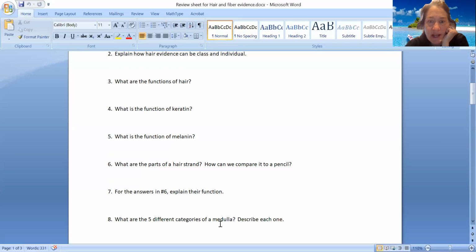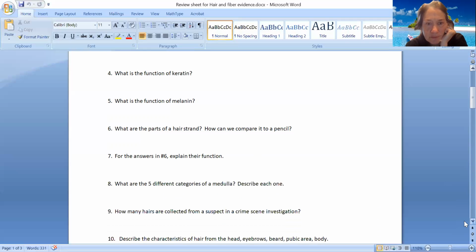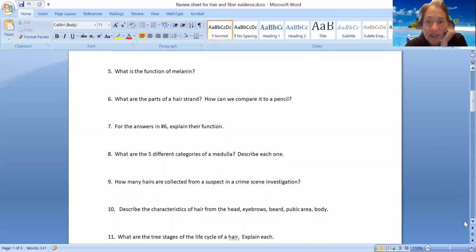Let's see, next question. What are the 5 different categories of the medulla? This is on one of your handouts that I handed out to you, but these are them: continuous, interrupted, fragmented, solid. Okay, so these are the different categories. How many hairs are collected from a suspect? 50 hairs are collected from a suspect.